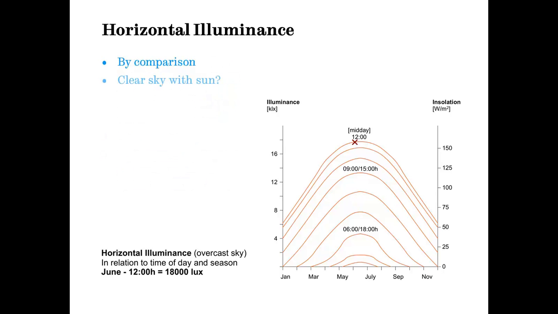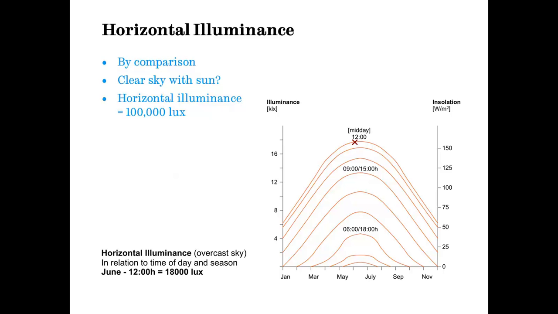When the clouds finally clear away, that goes up to 100,000 lux. So we were comparing a figure of 2,000 lux in winter, in the morning, with 100,000 lux for a summer's day when the sun comes out.